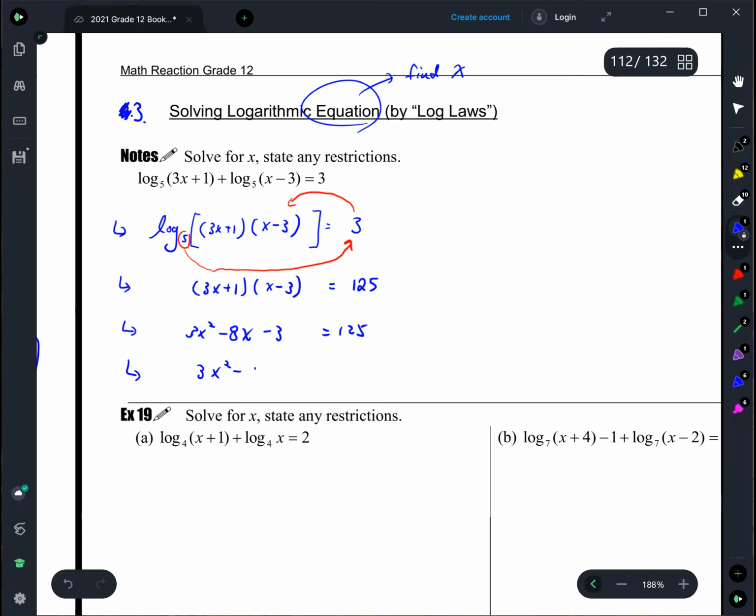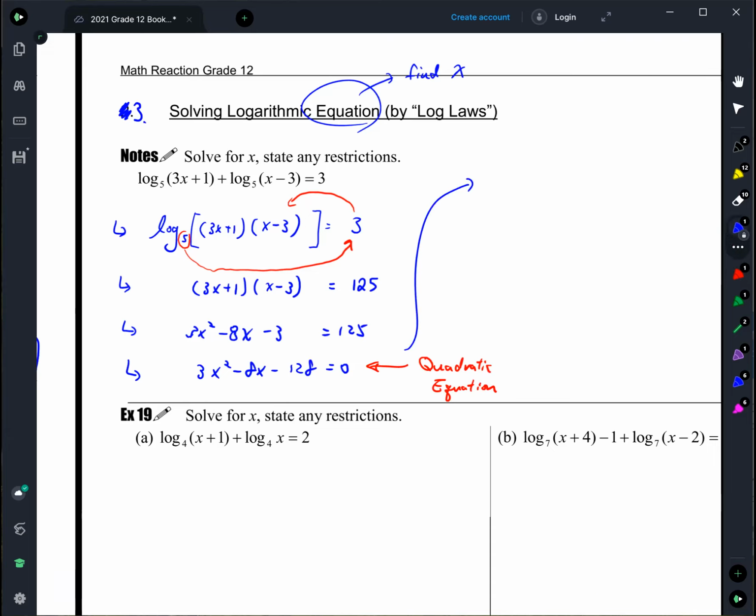3x squared minus 8x minus 128, a quadratic equation. So how do you solve from here, when you have a quadratic equation? Does anyone remember what to do?